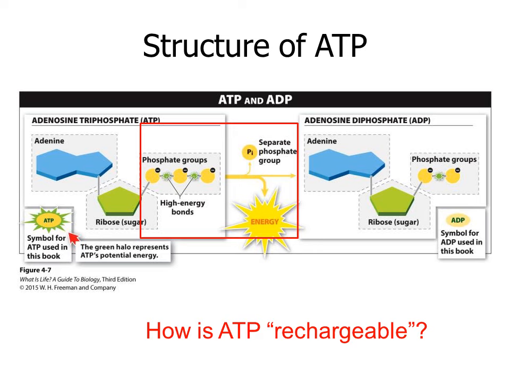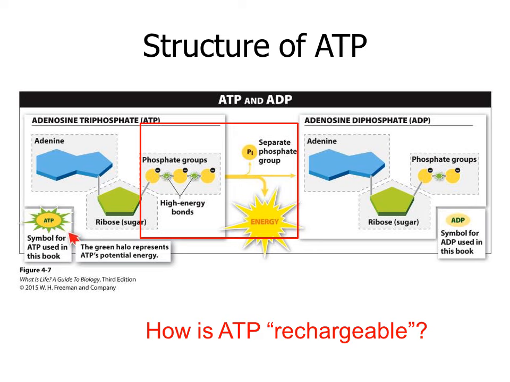The phosphate groups are what make ATP so effective in carrying and storing energy for a short time. These phosphates are negatively charged, so they're not stable. They don't like being next to each other. Because of that, there's a lot of energy stored in the bonds between those phosphate groups.